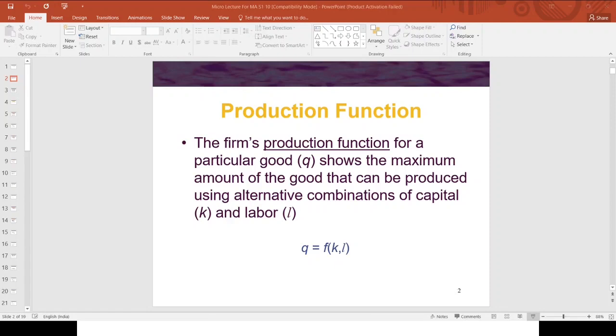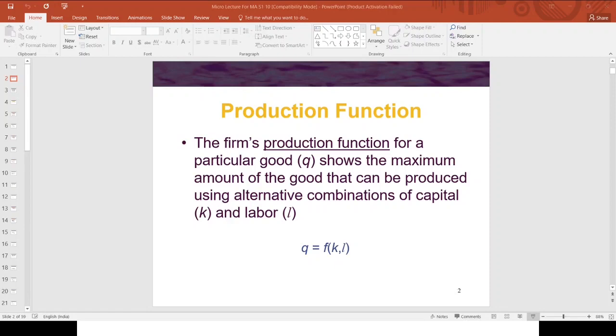The marginal rate of technical substitution shows the rate at which labor can substitute for capital while holding output constant along an isoquant. So RTS of L for K is equal to the inverse of dK by dL, where q equals q0.